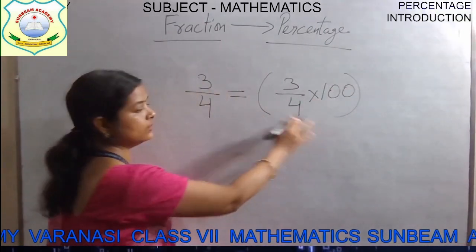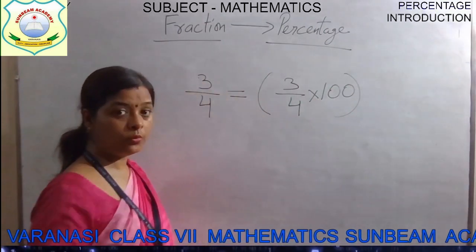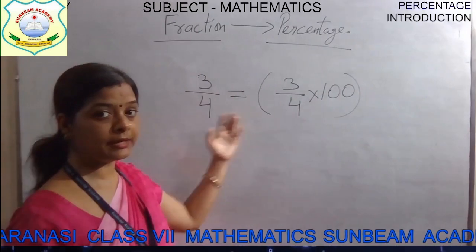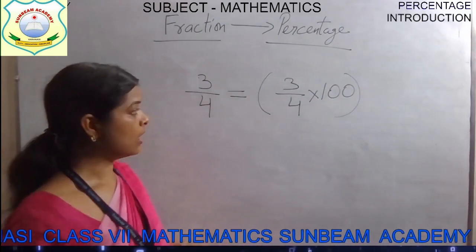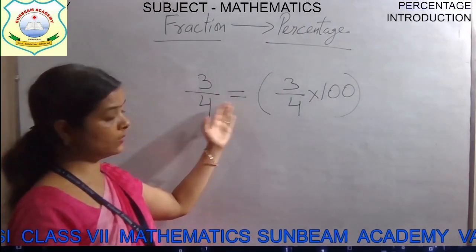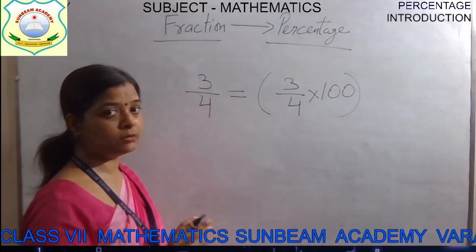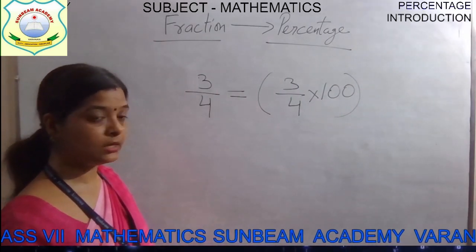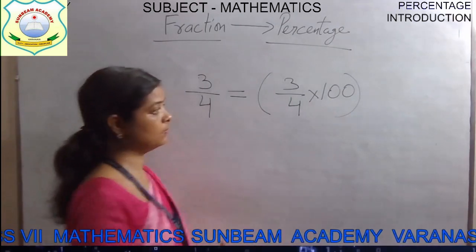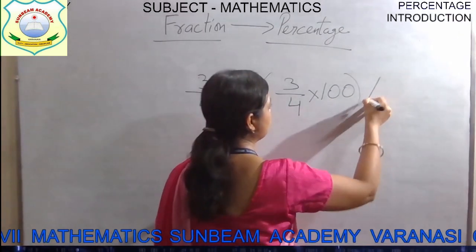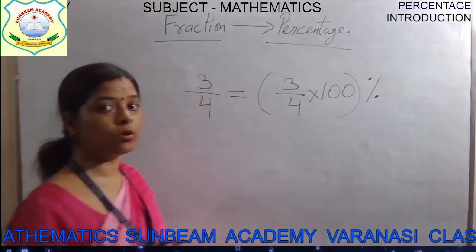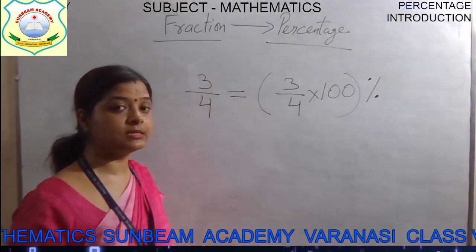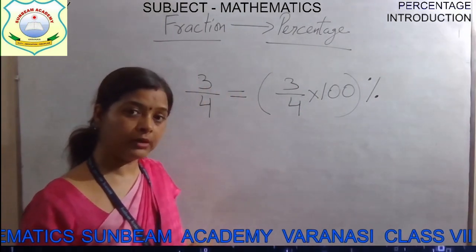Are they same, children? No. It is 3 by 4 only, and it is 3 by 4 into 100. It's bigger now. So how will you make it equal? Although we are not making it equal, I am explaining why I am multiplying by 100, because then we will put this percentage sign. This percentage sign reflects that our value is out of 100.